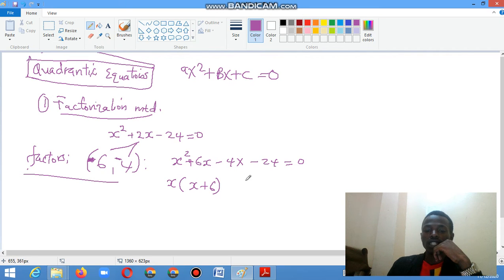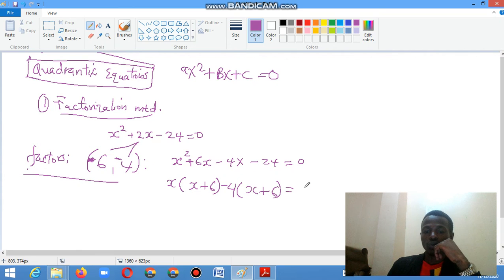Here the common factor is minus 4. Remember, this bracket must be the same as the bracket before. I take out minus 4: minus 4 times x gives minus 4x, and minus 4 times 6 gives minus 24, so I haven't changed anything.